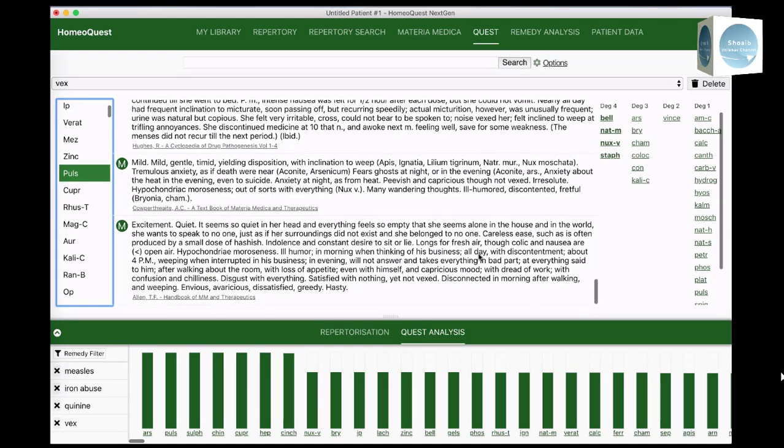What else? Satisfied with nothing. So similar to capriciousness and peevishness, yet not vexed. So they never express that they are vexed, but they are constantly unsatisfied, constantly capricious, constantly peevish. And that is the Pulsatilla vexation.